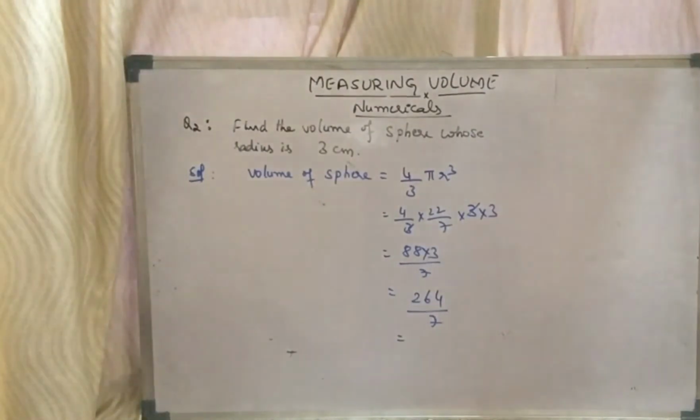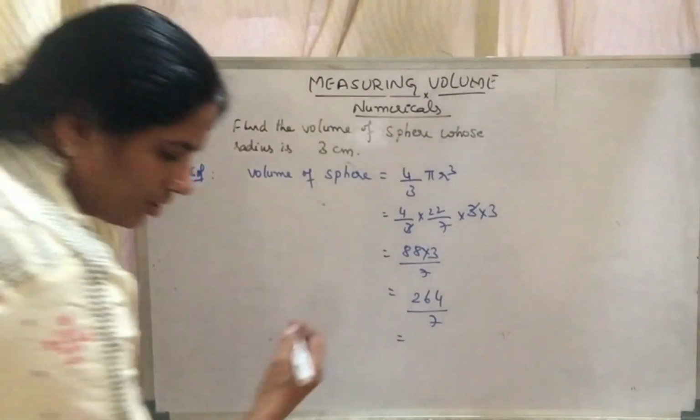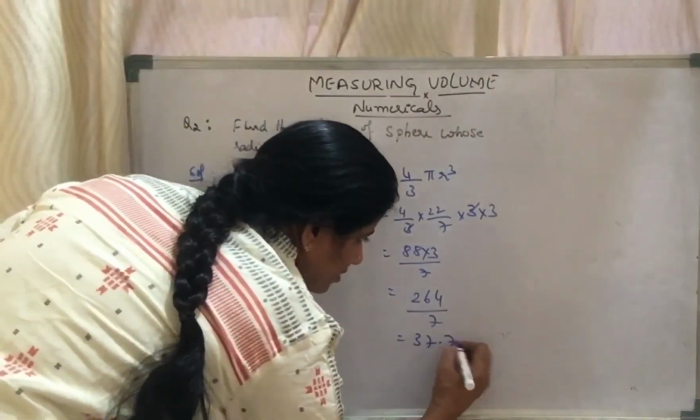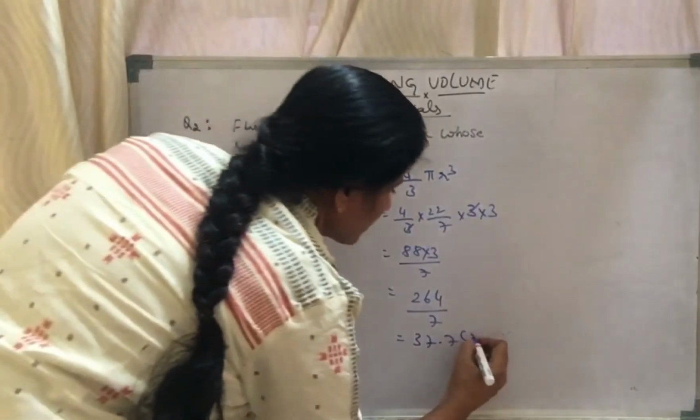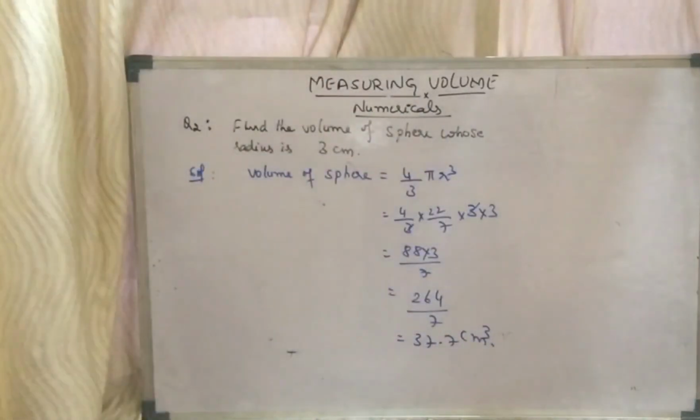What is the value of 264 divided by 7? We will be getting approximately 37.7. What is the unit here? Centimeter cube. So this is how you have to solve the numerical.